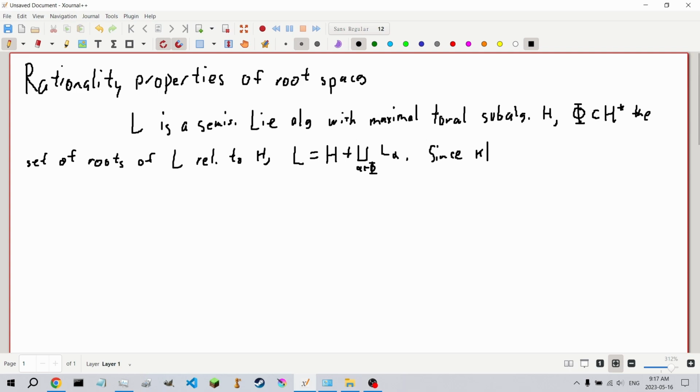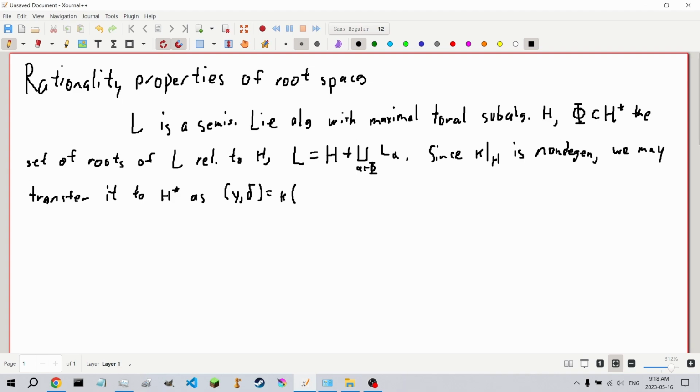Since the restriction of the Killing form to our maximal toral subalgebra is non-degenerate, we may transfer it to H star, with the form of gamma and delta equal to the Killing form of their corresponding elements T gamma, T delta of H.